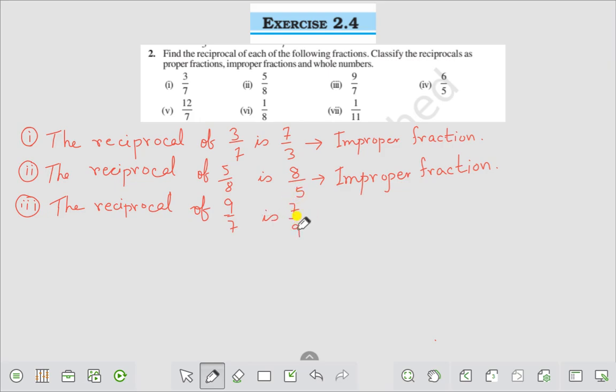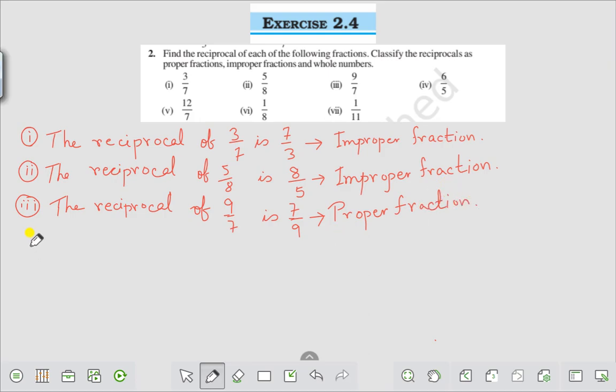Here you see the numerator is less than the denominator, therefore it is a proper fraction.